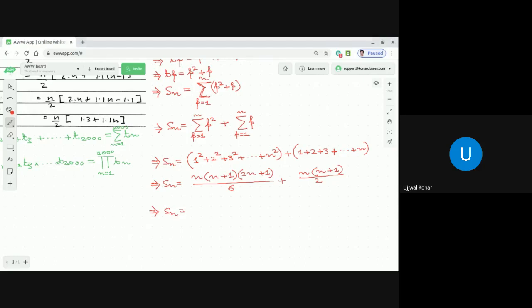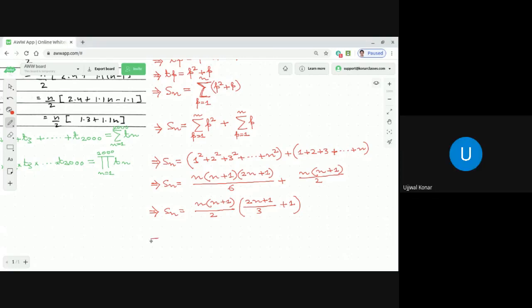You can take common, no? N into n plus 1 by 2. Just simplification: if you take n into n plus 1 by 2 common, then we are going to get 2n plus 1 by 3 plus 1. Correct? So finally we get n into n plus 1 into 2n plus 4 by 2 into 3.